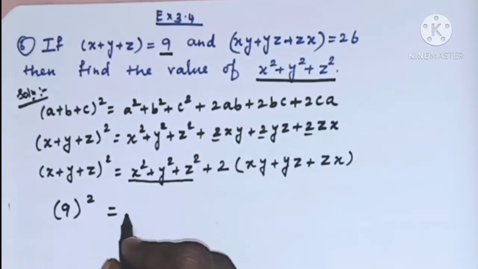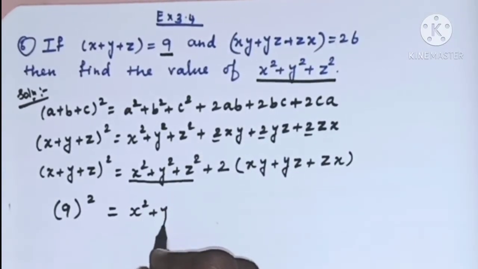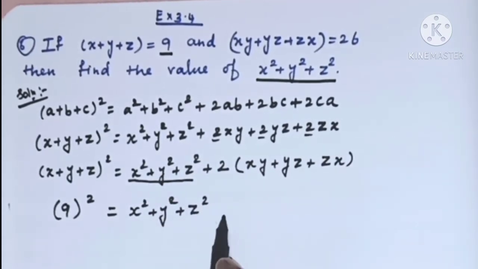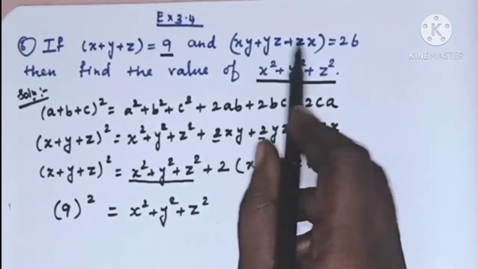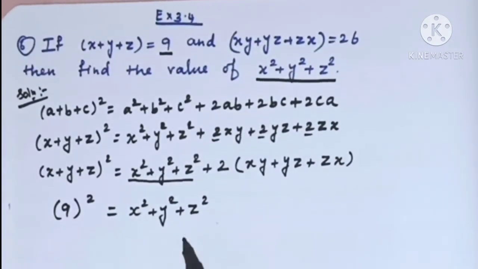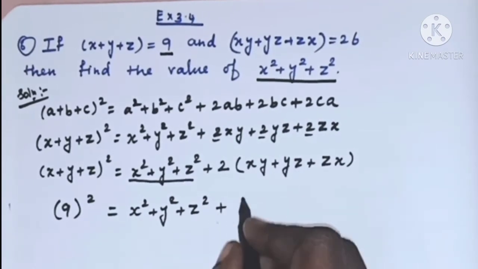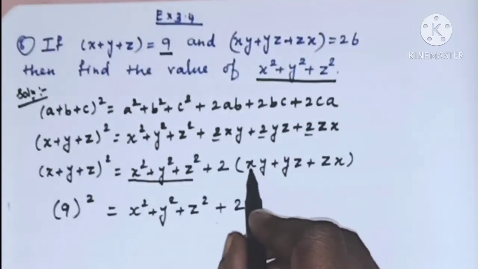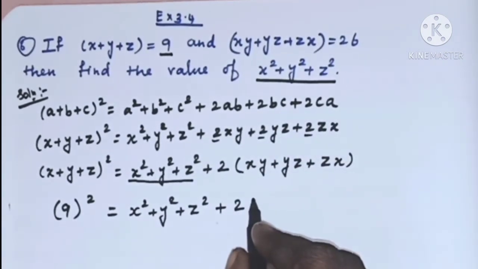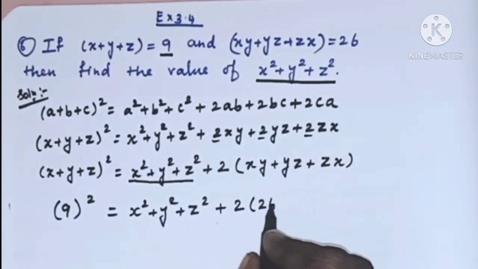So, write this expression as it is, plus 2 into the value of xy plus yz plus zx, which is given as 26.